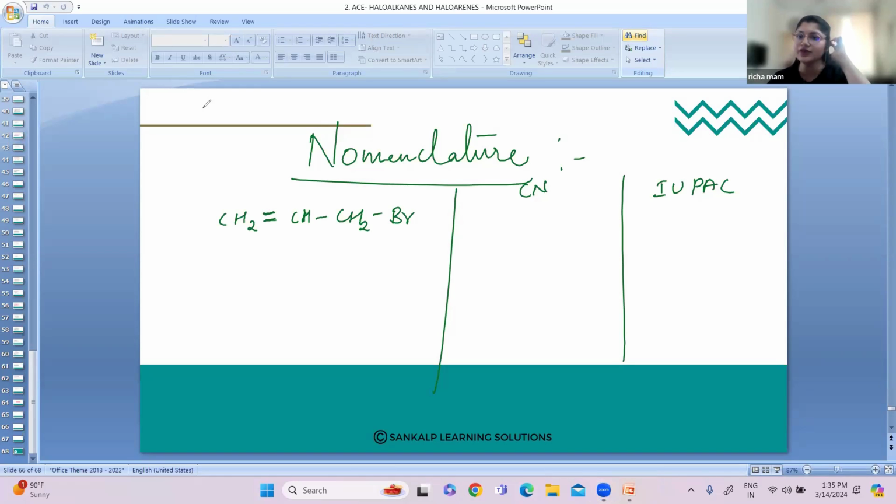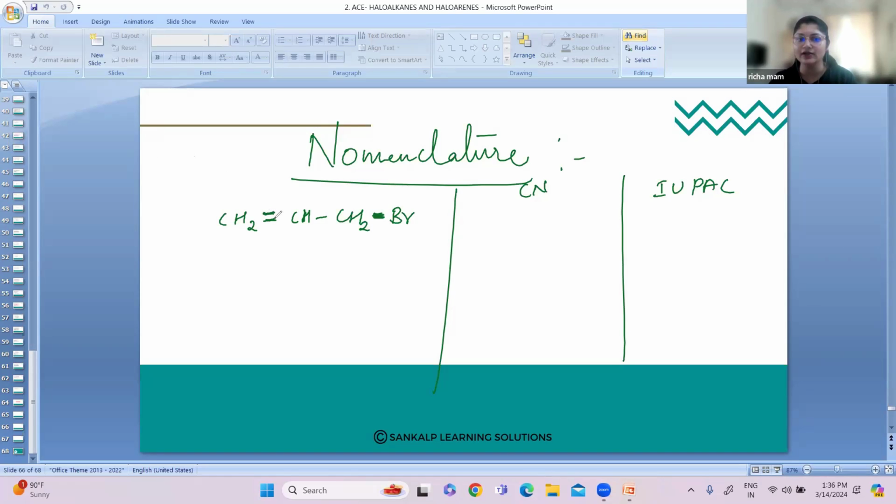We have seen the nature of the carbon when the halogen is attached, and some types of halides. Please apply that here. We are studying haloalkanes and haloarenes.